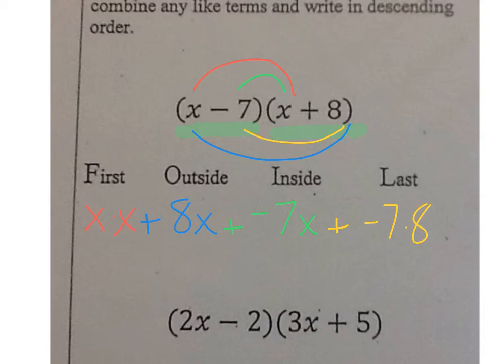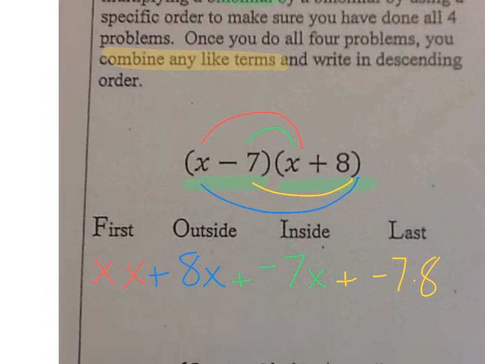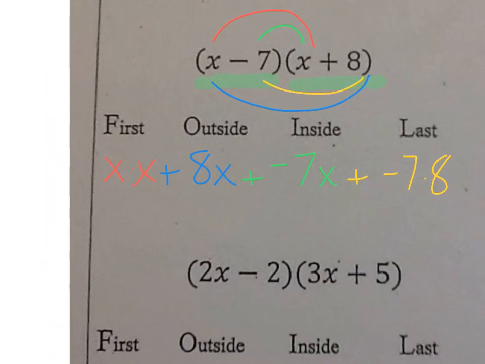Once you've done that part, first, outside, inside, last, then you can go ahead and combine any like terms. Once again, like terms are the ones with the same variables, and when you do FOIL in this order, they're always the ones on the inside. So here we go. We have our like terms. We're just going to go ahead and write this in descending order.